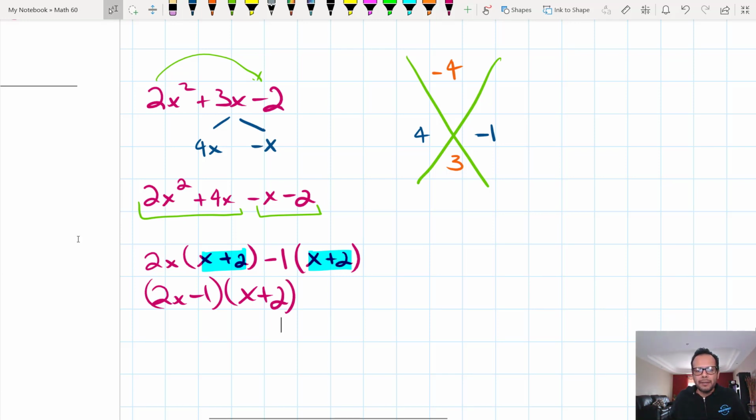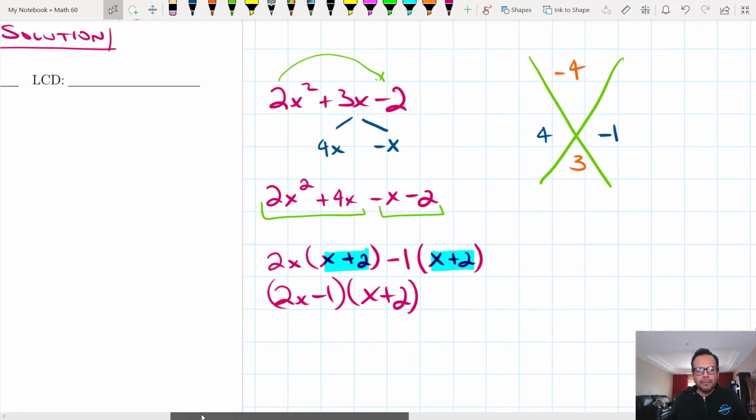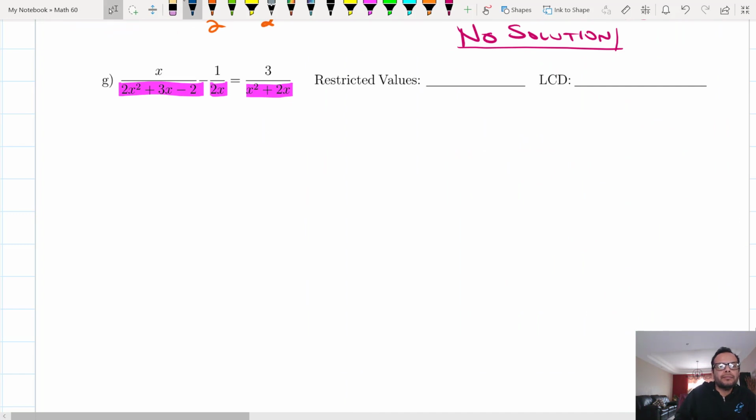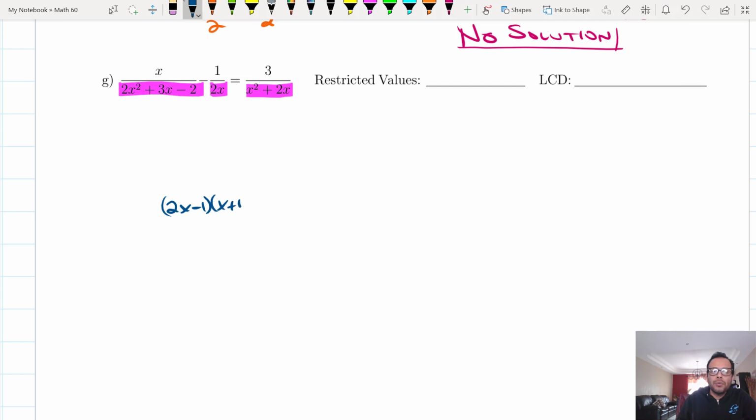Let me go back to the equation. 2x minus 1 times x plus 2 will be the denominator of the first fraction.